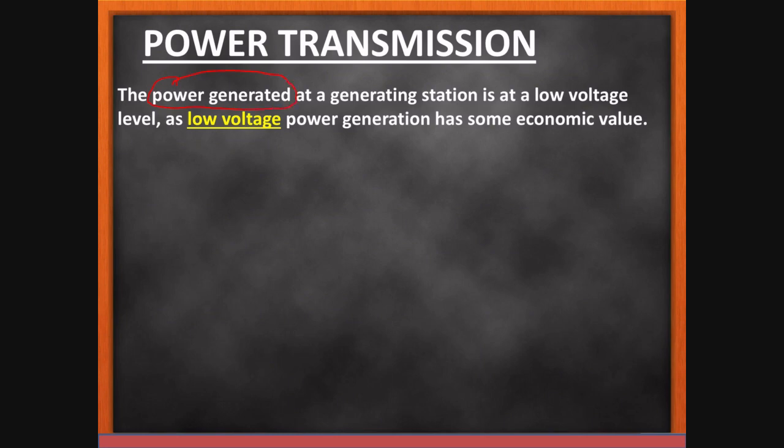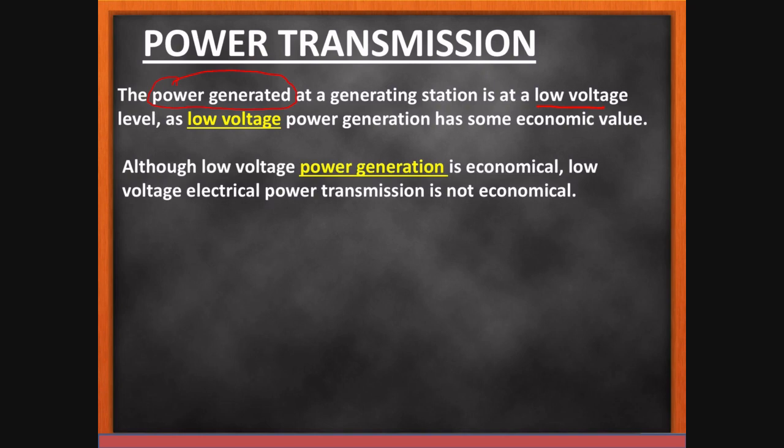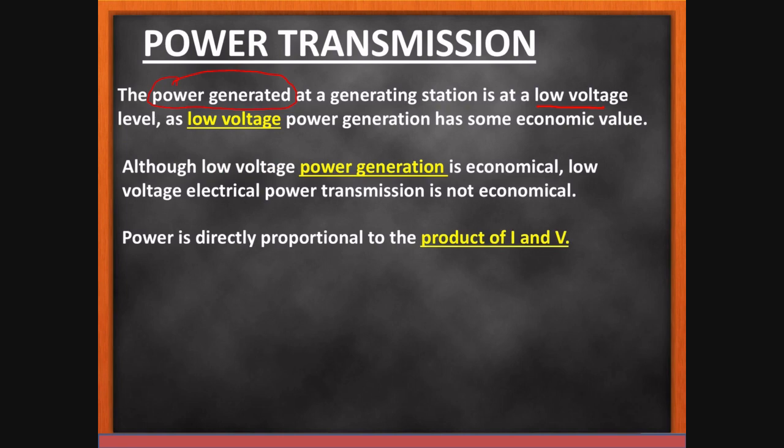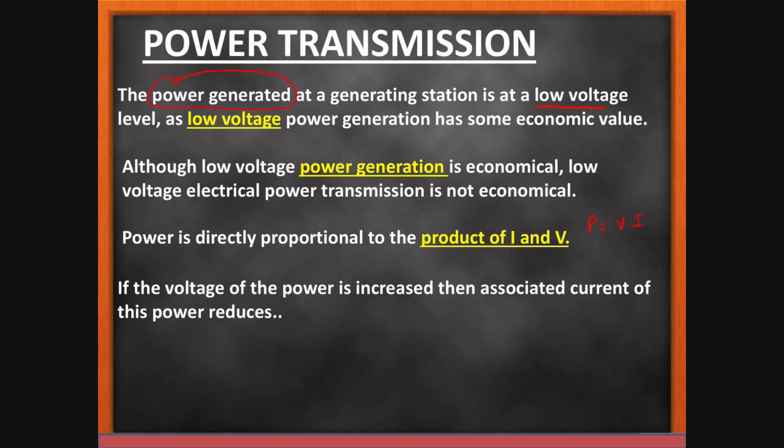Power is generated always at low voltage due to economical value, but the transmission is done at high voltage, because we know power is directly proportional to I and V, because P is equal to V into I. So at high voltage, the current is less, so the power loss reduces.